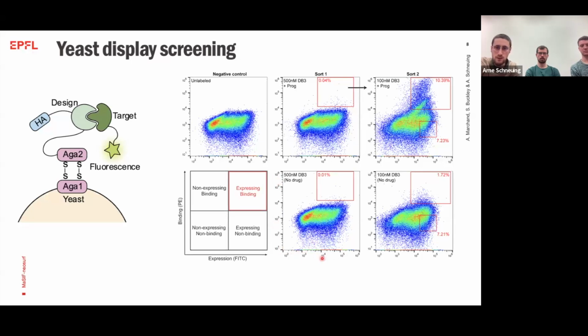What you see on the axis is the intensity of the fluorescence that the laser is measuring. The more you are on that part of the graph, the more fluorescence you get, either on the green or on the yellow. It reports two values, one fluorescence on the green, one on the yellow, and you report it on this X and Y axis.